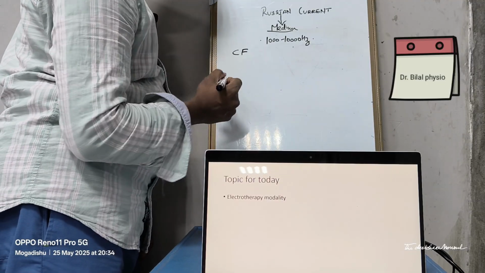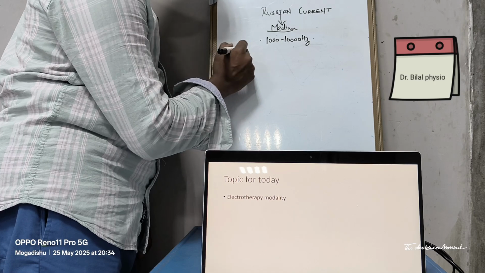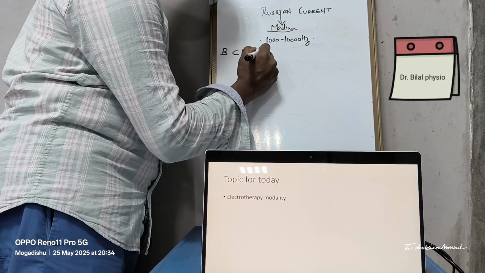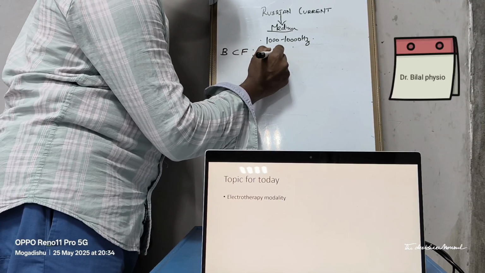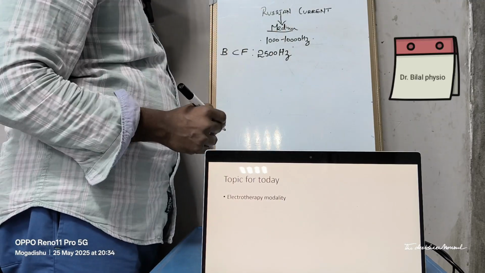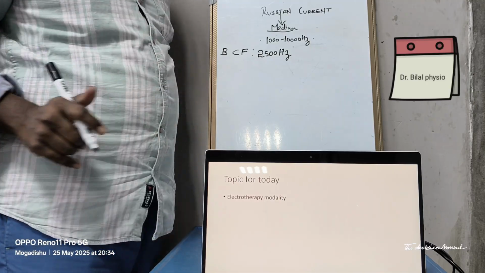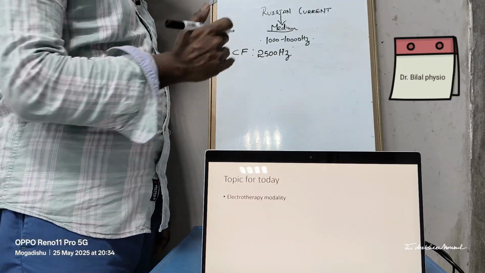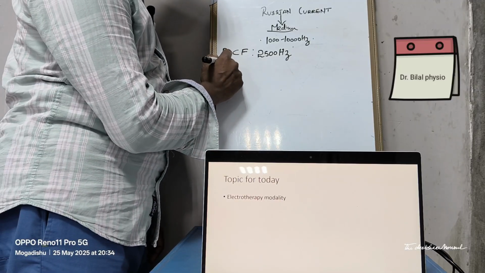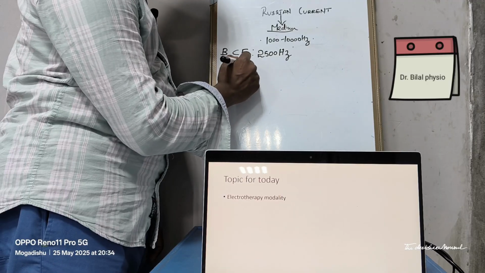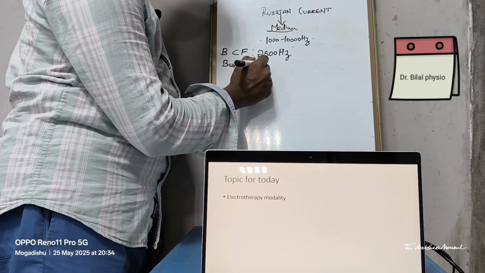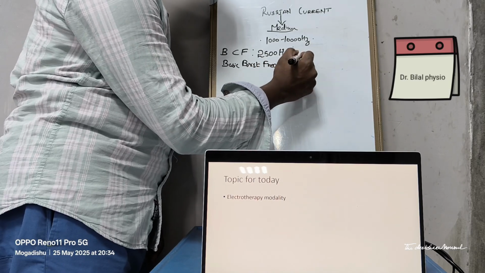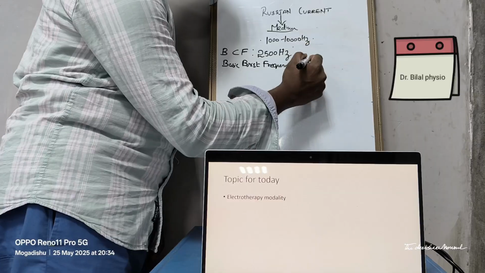The basic carrier frequency of the Russian current is 2500 hertz, with a basic burst frequency of 50 hertz.